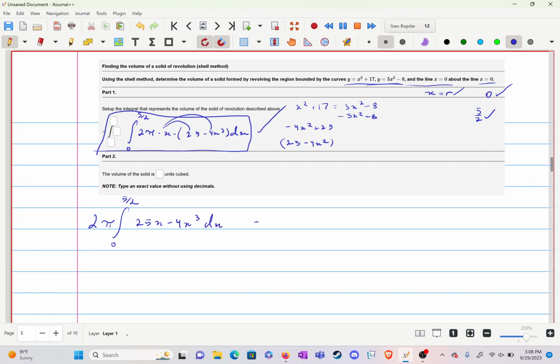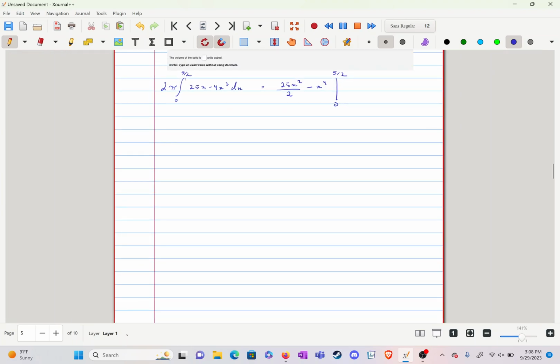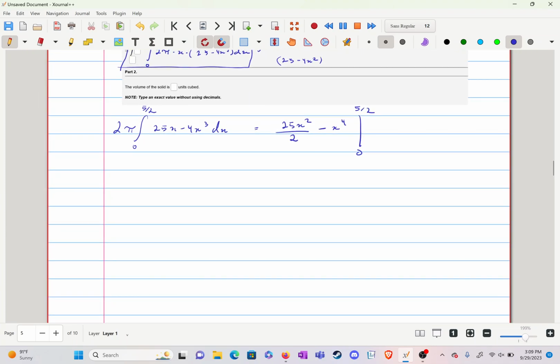That's going to be 25x squared over 2. Oh, and this cancels out nicely. So we have x to the 4th over 4, which is just minus x to the 4th, from 0. 0 is going to cancel everything out, and then 5 over 2. Let's compute that quickly. 25 times 5 over 2 squared over 2.